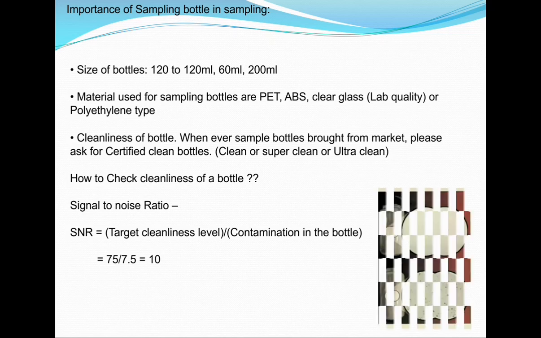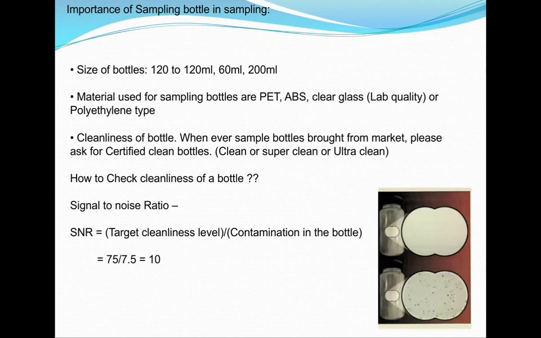You see from this picture, the lower picture shows there is some contamination, so you can consider it only a clean bottle, but in the upper one there is no contamination, so it may be a super clean or ultra clean bottle. So this is all about the importance of the sampling bottle. There are three parameters, as I said: size of the bottle, material of the bottle, and cleanness of the bottle.